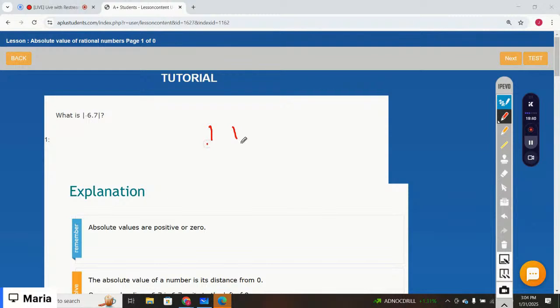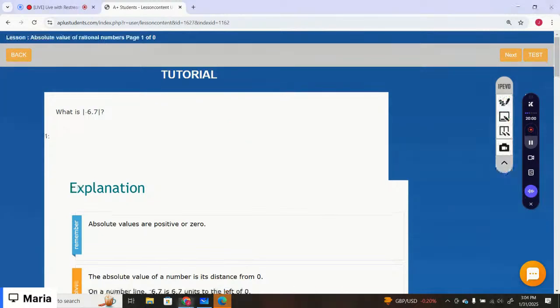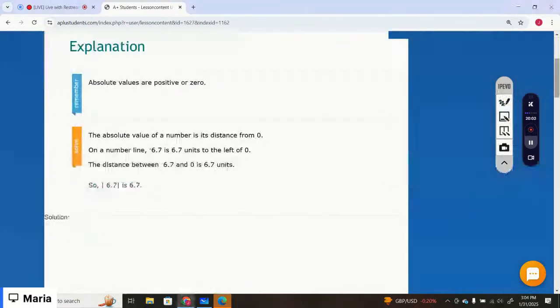These two lines around 6.7 means you need to evaluate the absolute value of 6.7, right? The absolute values are always positive or zero. No negative numbers in the absolute values. So negative 6.7 absolute value is always a positive number. That is 6.7.